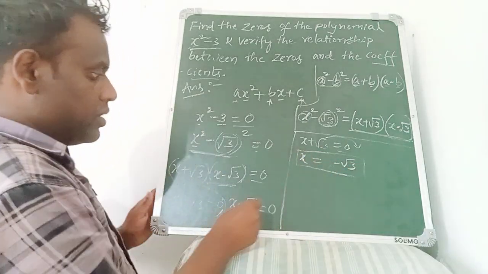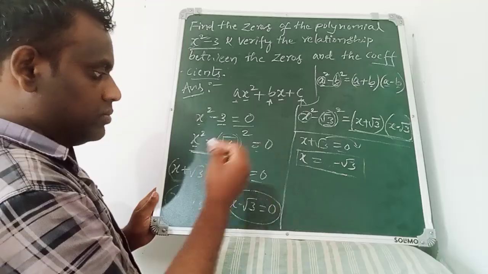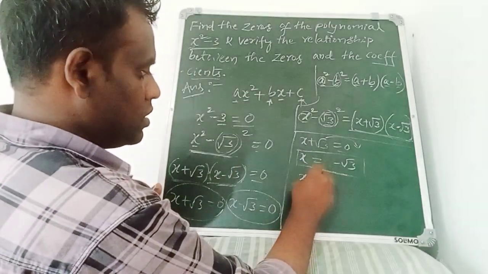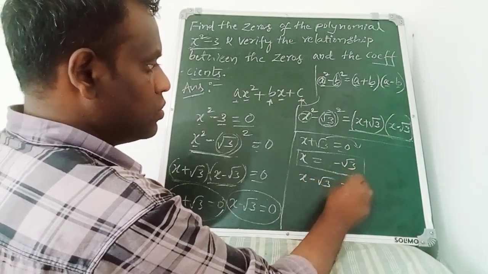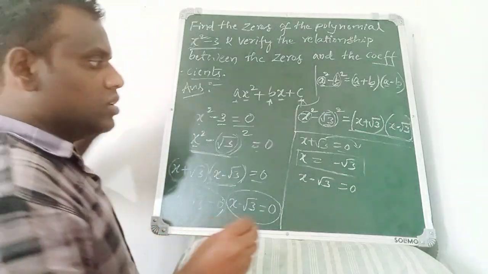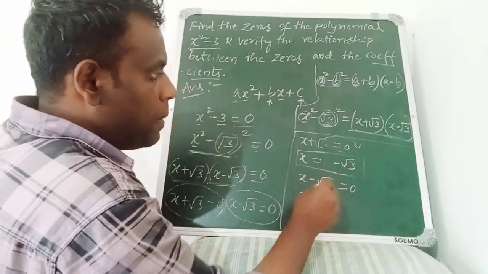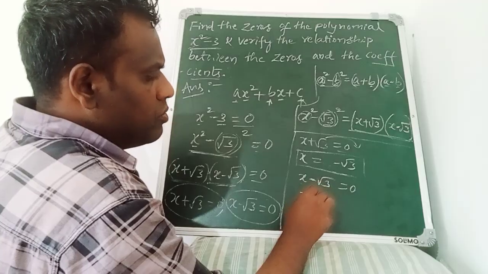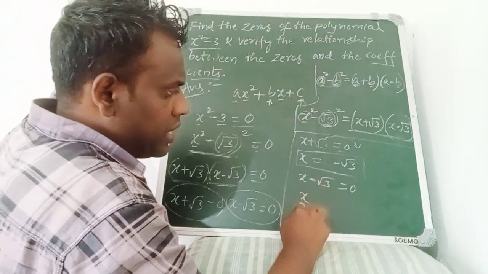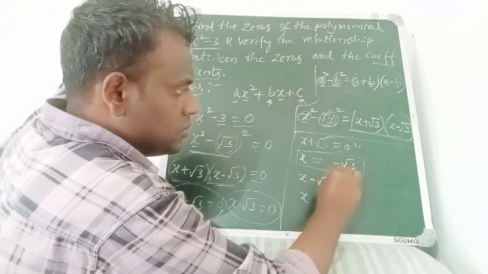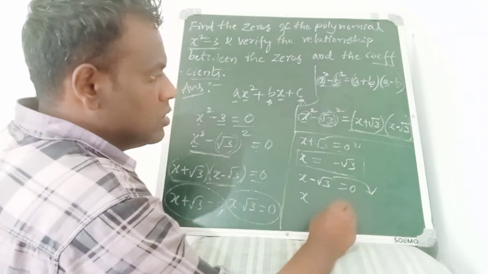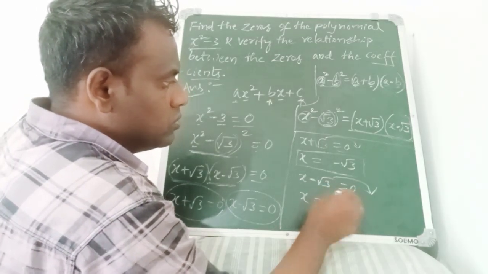This is one value. Next consider this part. x minus root 3 is equal to 0. So we want x. Next step, write as it is. We don't want this, we want x. So we move this to this side. So write this equal to 0.